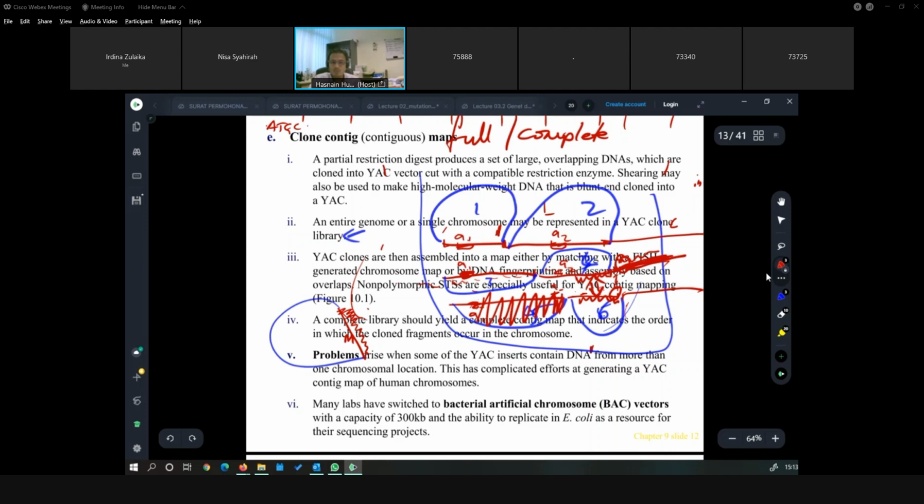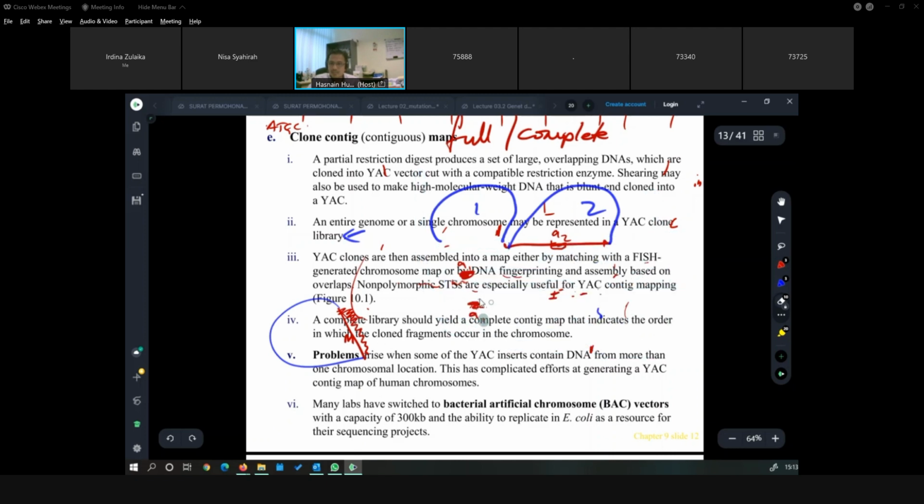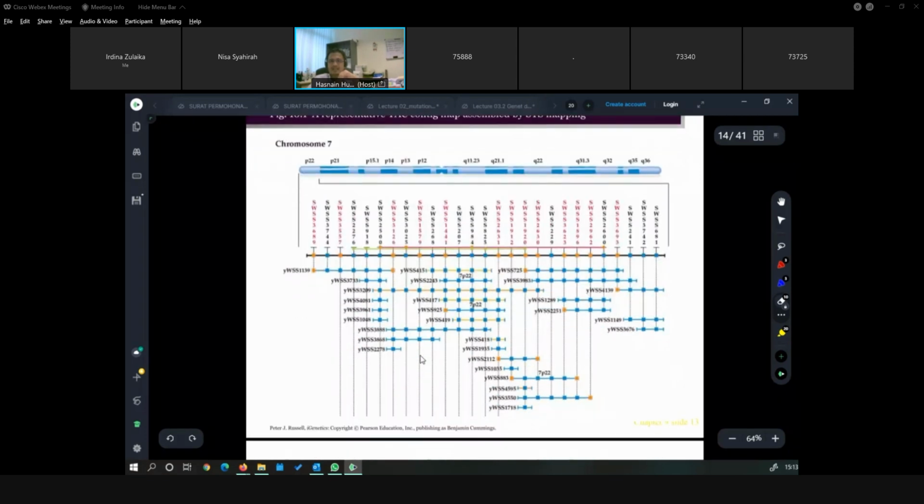That is what is meant by overlapping. Okay, so you can see here, a complete library should yield a complete contig map, which indicates the order in which the clone fragments occur in a chromosome. Like this, this one is an example of chromosome 7.